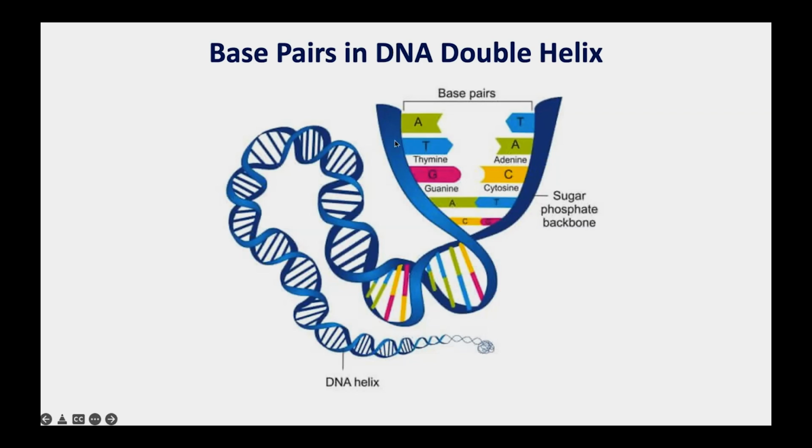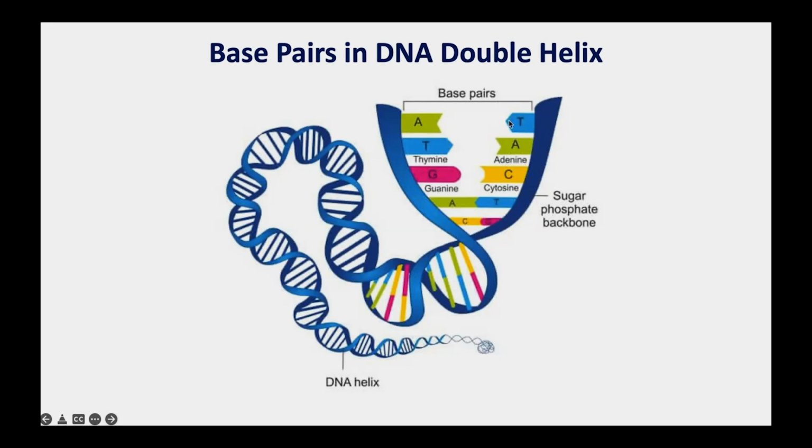And you can see this blue part here is a sugar phosphate backbone. And then what comes off of that backbone are these bases. And these bases are adenine A, thymine T, guanine G, and cytosine C. And they pair together in a very specific way.